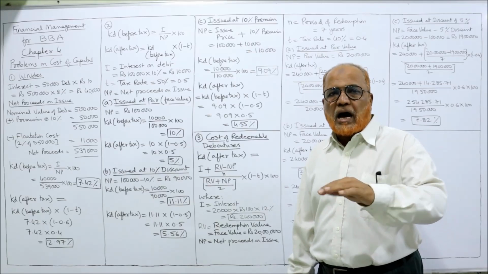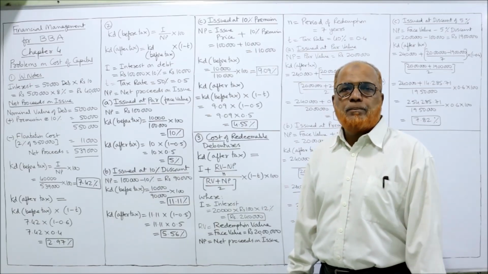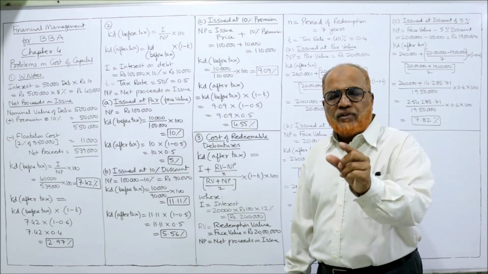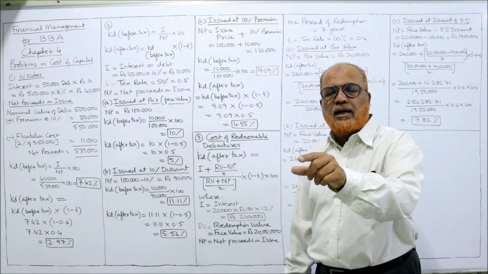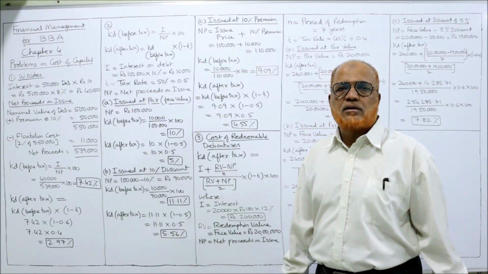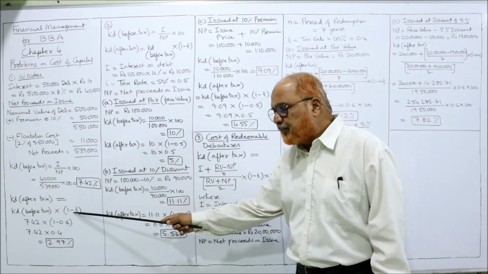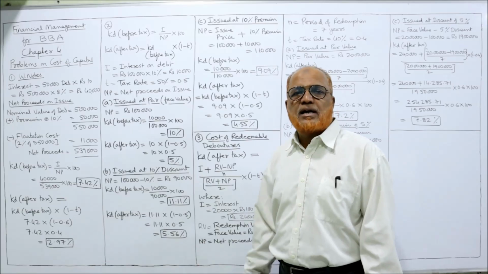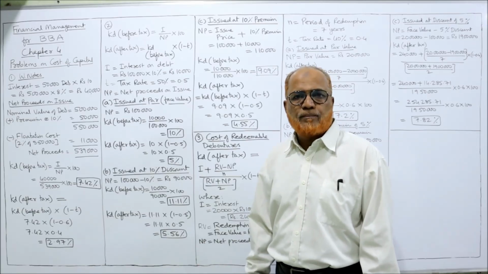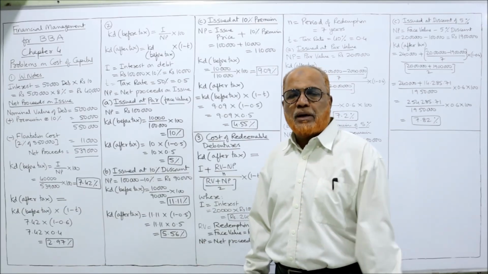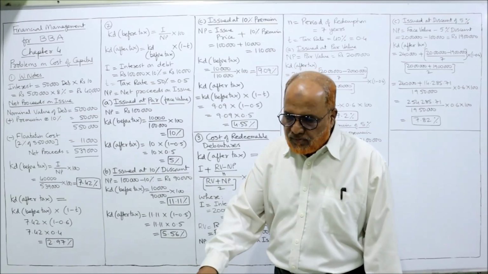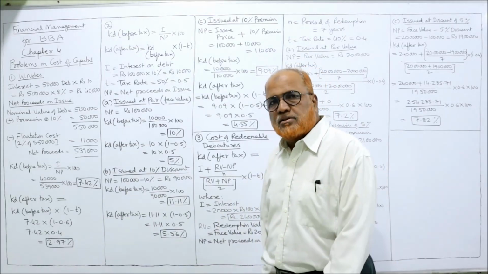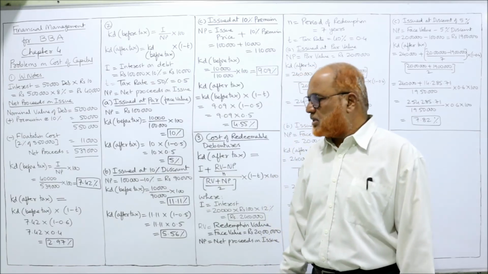Now if you want after tax, KD after tax is equal to KD before tax into 1 minus T. Simply you have to multiply with 1 minus T. T stands for tax rate. And what is the rate of tax payable by the company? It is given in the problem as 60%. 60% means 0.6.